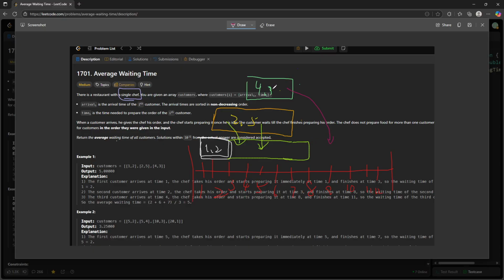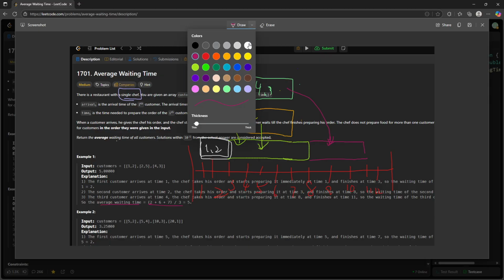This will take 3 seconds, so 8 plus 3 will be 11. So you put this block in here, and then you want to calculate the average time for the customer, how much time they wait, right?